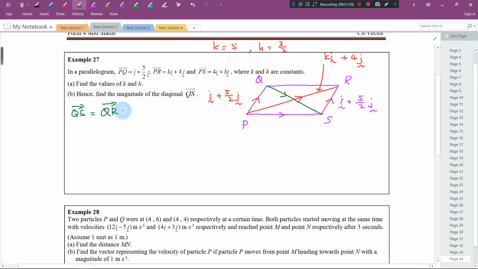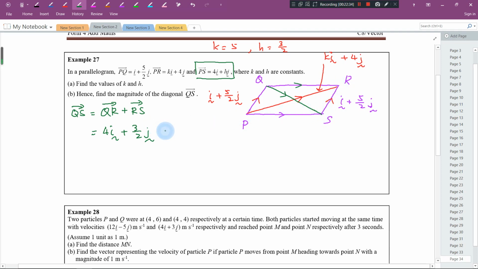QR, these directions, is exactly the same as PS. PS is 4i plus hj, so this will be the same, 4i plus hj. I know h is 3 over 2, so 4i plus 3 over 2 j. And then we have to add RS.